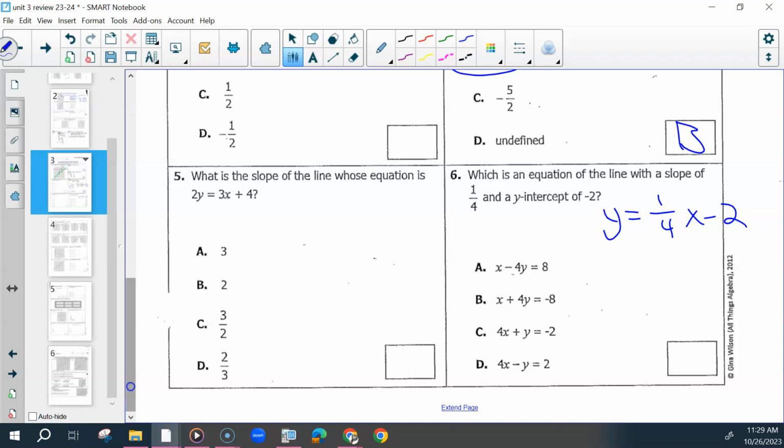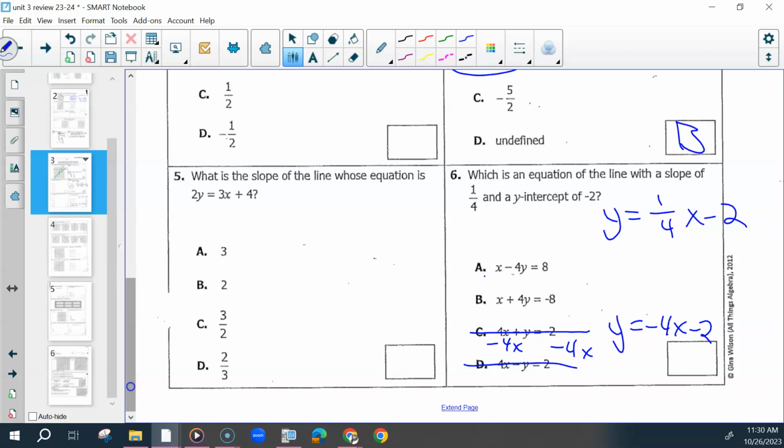So we have to convert. If I choose a random one like C and get rid of 4x, the equation becomes y equals -4x minus 2, which is not that. That means D will be similar. So it has to be A or B.